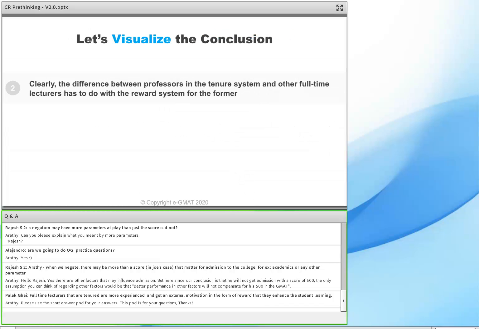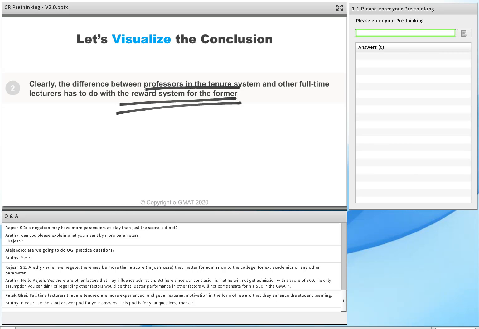Okay, so let's just visualize this conclusion. What the author is saying is, hey, I agree the difference exists. But the reason why that difference exists is because of how professors in the tenure system are rewarded. It's the reason: blame the reward system for the professors in the tenure system.